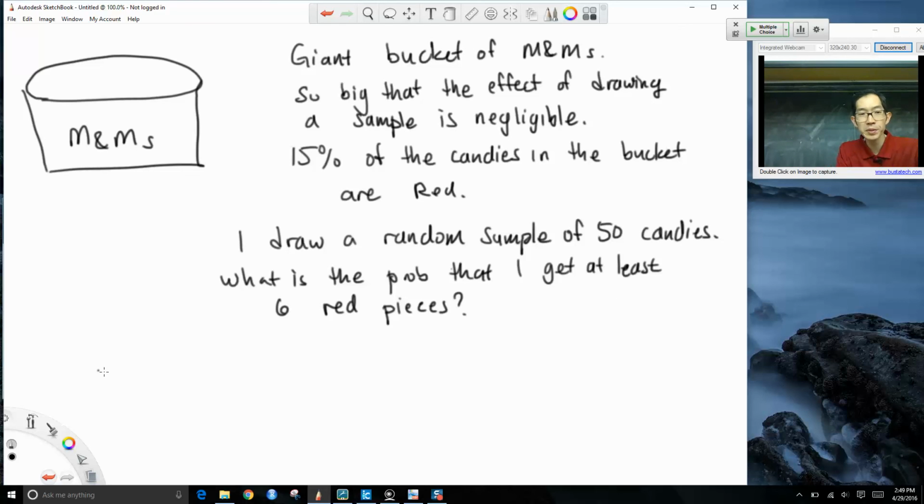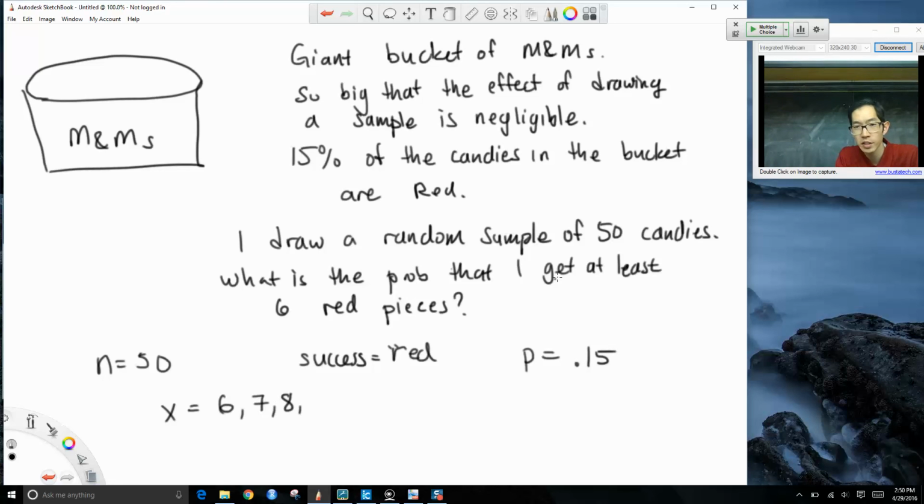So in this case, my answer will be determined by n equal to 50. My success will be the piece is red. And so the probability of a success will be 0.15, and x is equal to 6, 7, 8, at least 6 red pieces.